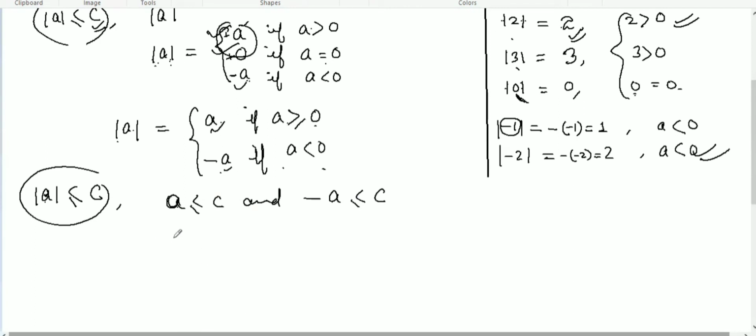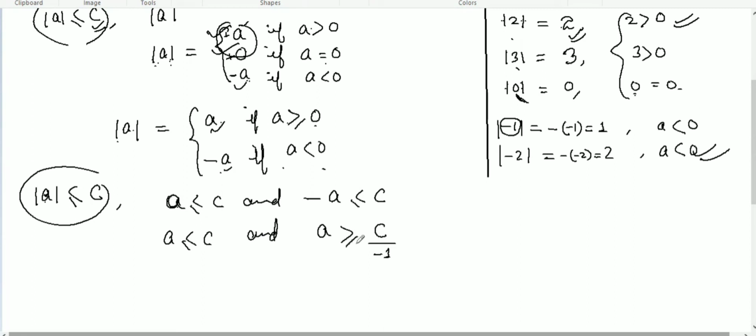Now here the absolute value of A will be less than or equal to C, and here minus A, this is the inequality sign. So I will take the minus sign to this side. Here minus 1 is there, so I'm going to divide C by minus 1. In an inequality, if you multiply or divide by a negative, taking it to the other side, the sign will be opposite.